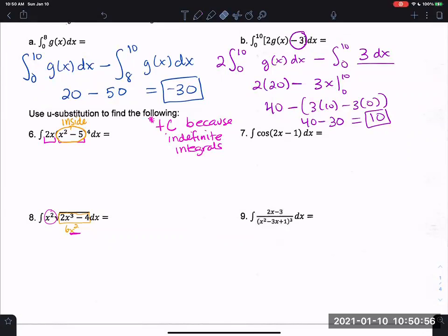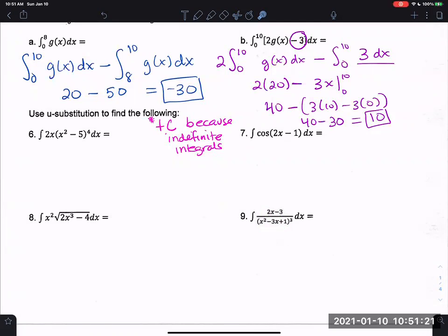All right. I'm erasing because we're going to do all of these problems using the thorough method. I just want you to notice some things. Why are we using U substitution for these problems? And again, if we go to 9 and just look at 9 briefly, we have a 2x minus 3, and then our inside function right here is x squared minus 3x plus 1.